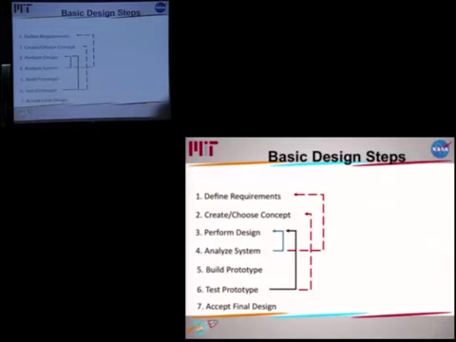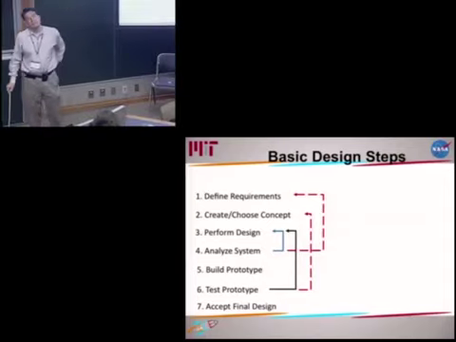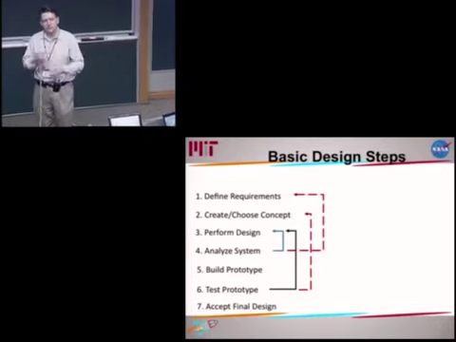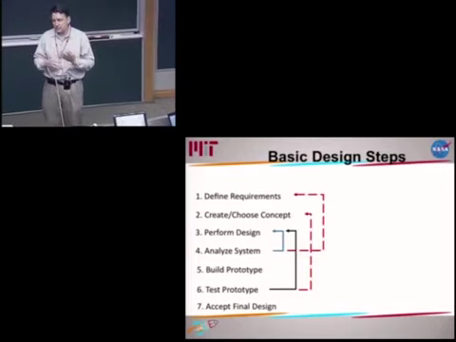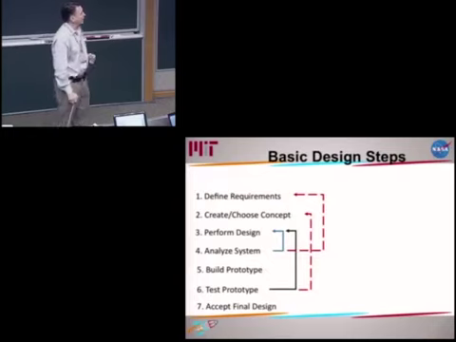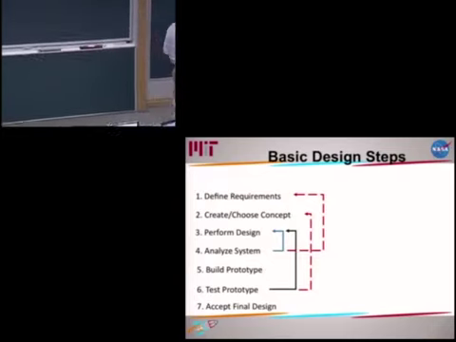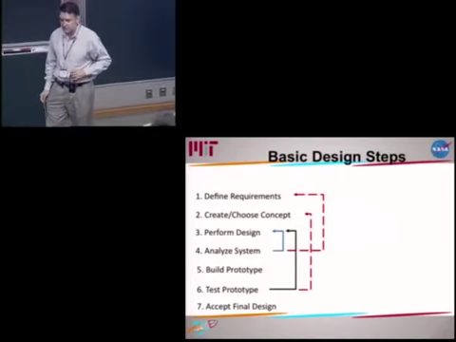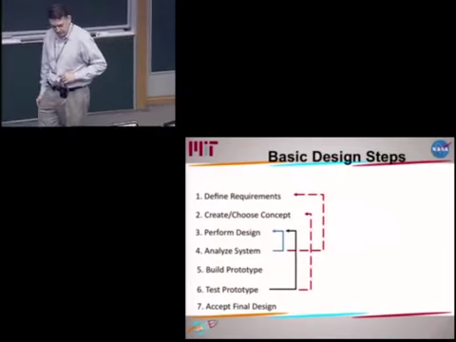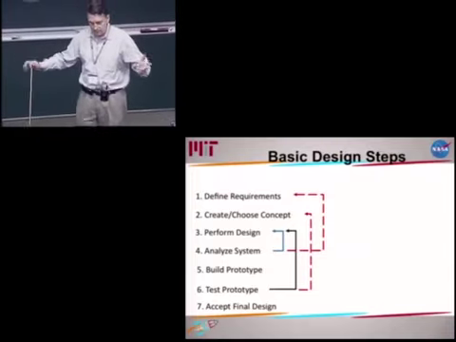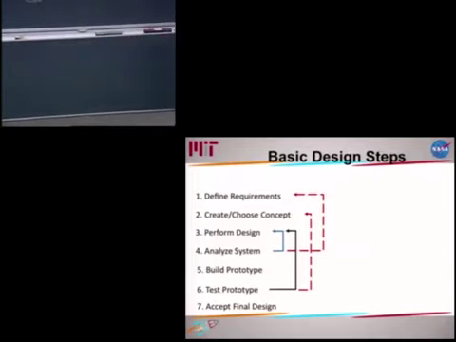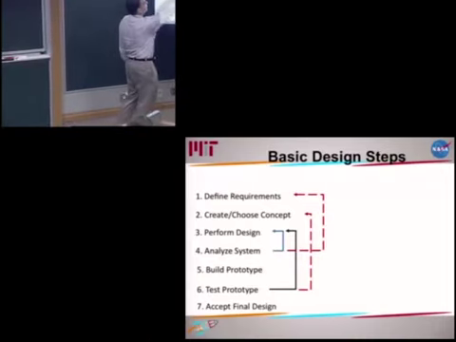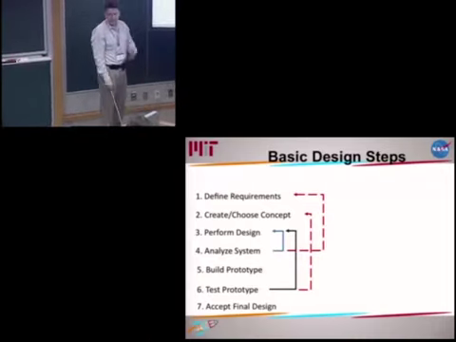Think of the solid iterations as the ones that are very frequently done and sort of value added. The dashed ones are the ones that you'd like to avoid. So when Charlie this morning showed us the example of the X-33, the helium tank didn't work, wasn't feasible. When they tested the prototype, they were out of money and out of time to go back and change everything, right? That's how that relates.